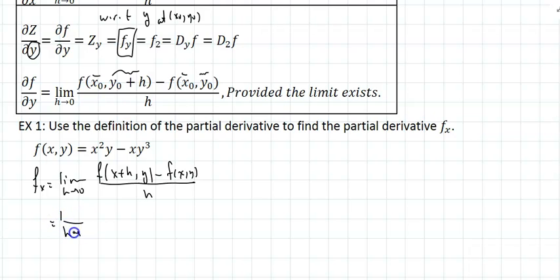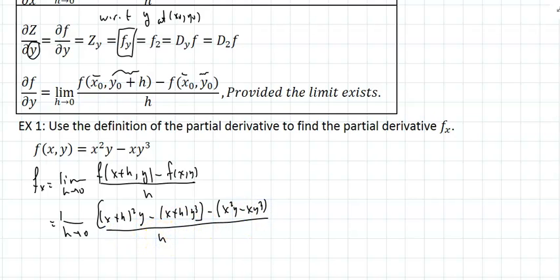That is the limit as h approaches 0. F of x plus h is (x plus h) squared y minus (x plus h) y cubed, minus f of x, y is x squared y minus x y cubed, all over h.